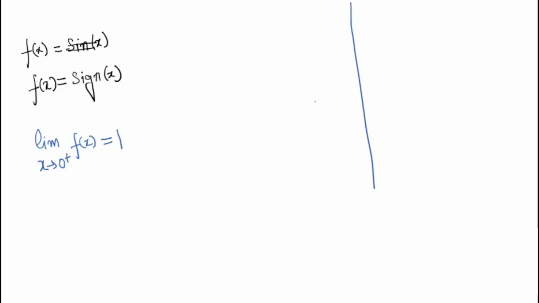Let me draw it again. This is the graph. This is 0, and this is 1 for all the positive values of x, and -1 for all the negative values of x. If we go slightly positive, just come to that point, that will be 0 plus, and for 0 plus f(x) is equal to 1.